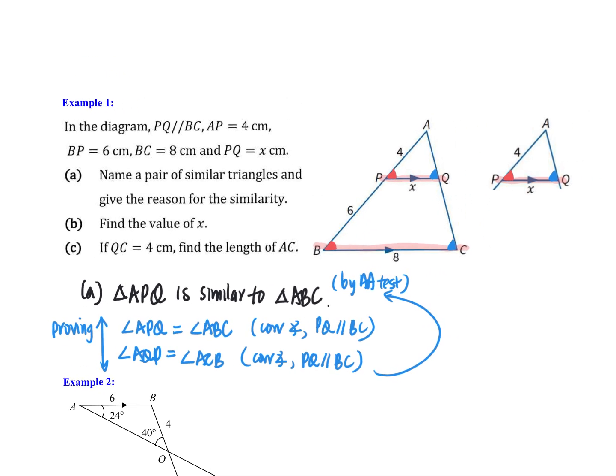Okay, so if you look at the small triangle APQ and the big one, right? We want to compare the ratios of the sides. So one ratio I can compare is for this line, right? With the long one here, which is what? 10. You must add these two up. This is 10. So the ratio between the small to the big one is 4:10.